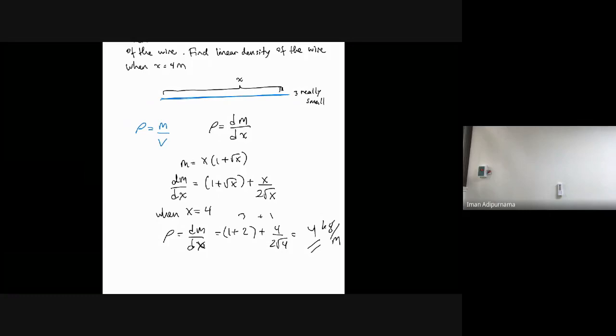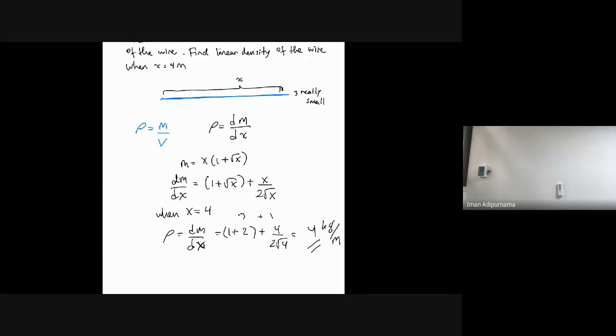Any questions here? Okay. So basically, for every problem in related rates, you need to think more simply. Usually, you need to simplify some formula.